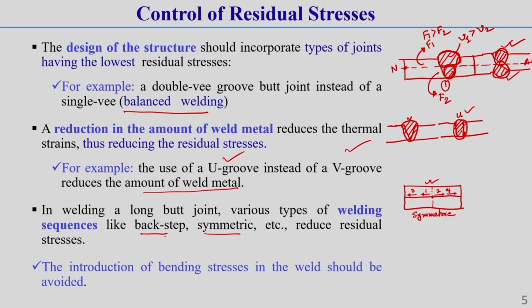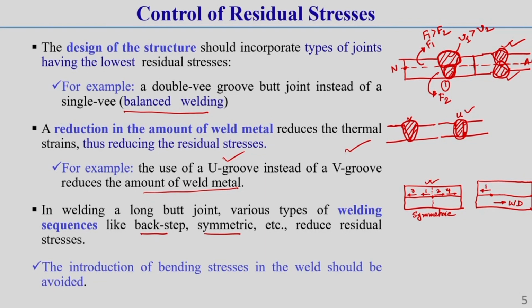Now, the back step welding sequence, how does it look? Here I am showing, let this be the workpiece, and I am going to do the welding in this direction. This is your welding direction, I am writing WD. But how is the welding done?